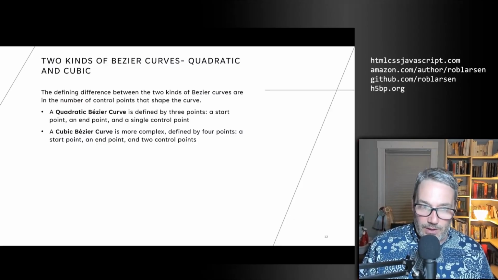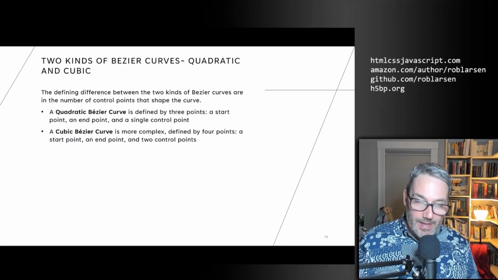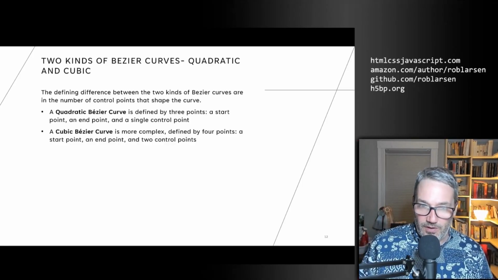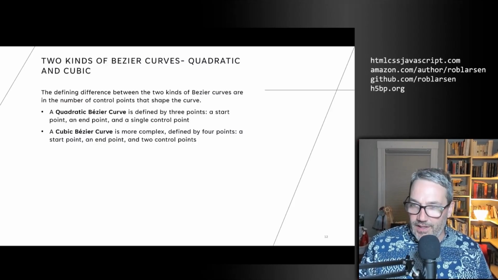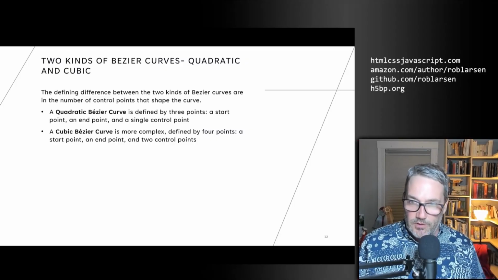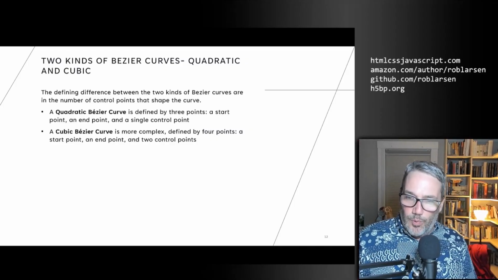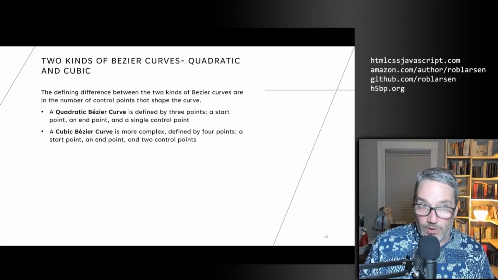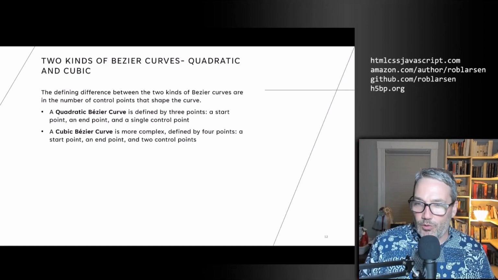A cubic Bezier curve, remember we had two arguments other than the end point, is more complex, defined by 4 points, a start point, an end point, and 2 control points. But what does that mean? Well, a quadratic Bezier curve with only one control point can only form a simple parabolic arc.